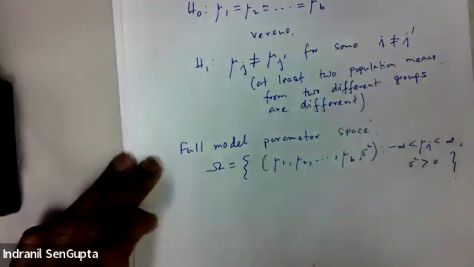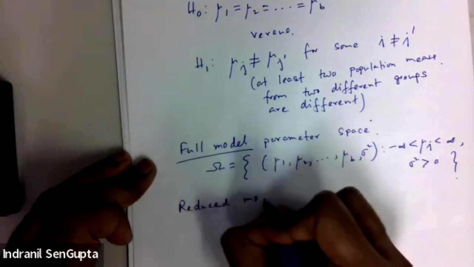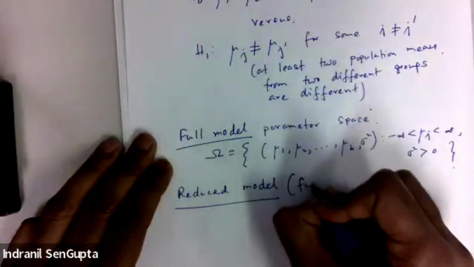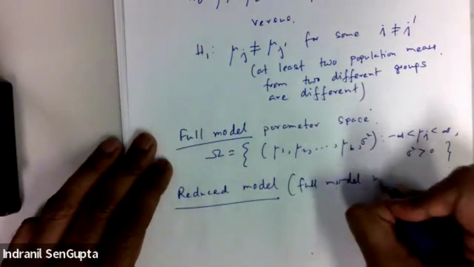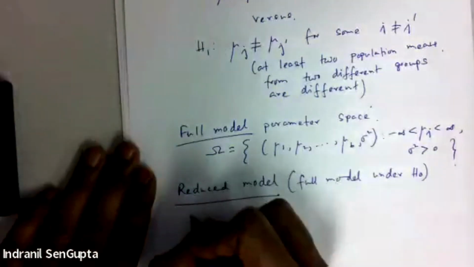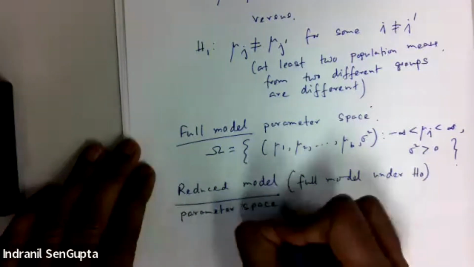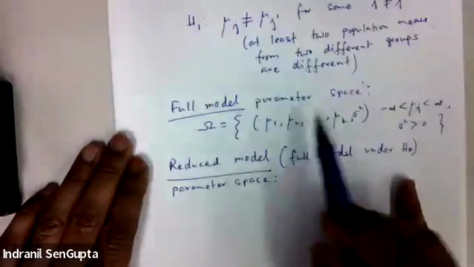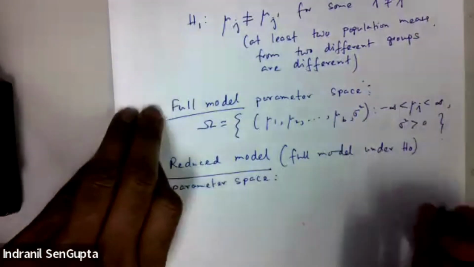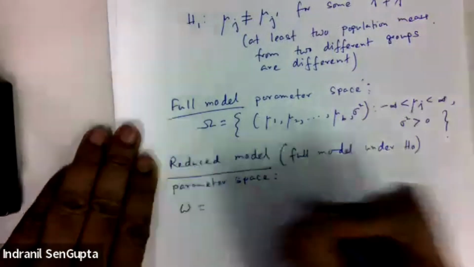Okay. And then we'll call the reduced model. What does it mean? It means that under the full model, under H0, parameter space. So it really means that under the null hypothesis, all these mu's are equal, right? So we'll be using that. I'll write this as little omega.